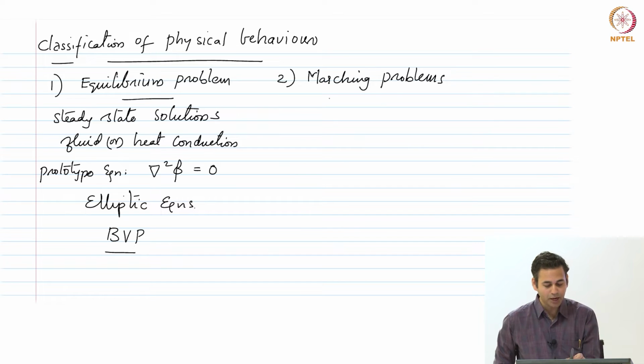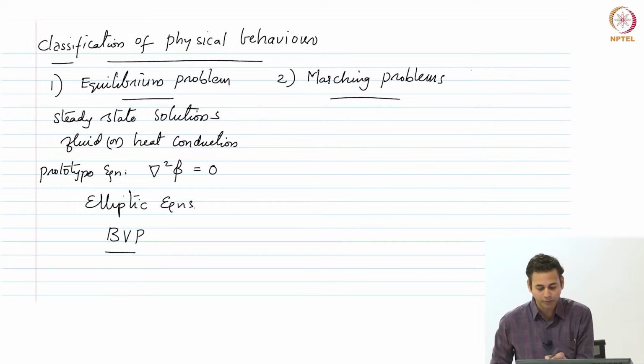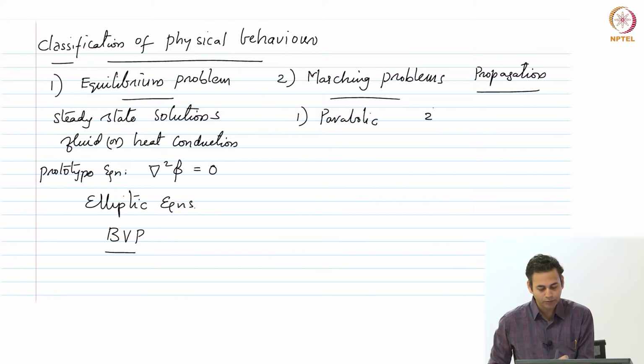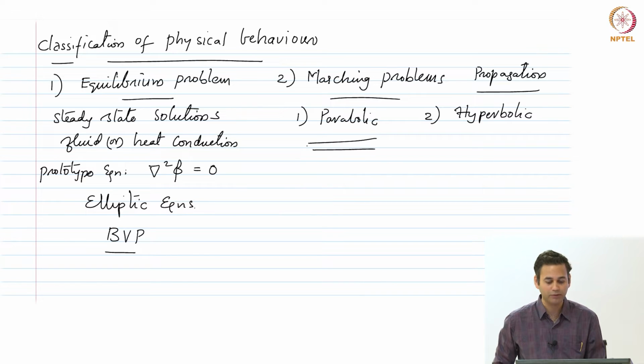Alright, coming to the marching or propagation type of problems. We have again two types. One we call it as parabolic and the other one we call it as hyperbolic. First let us look at the parabolic type of equations.